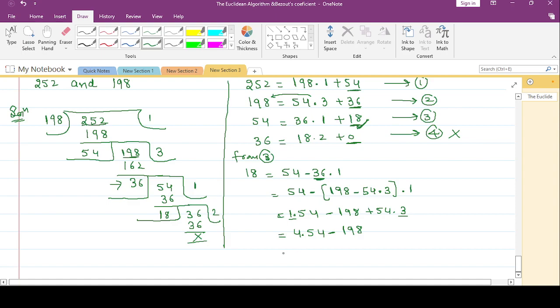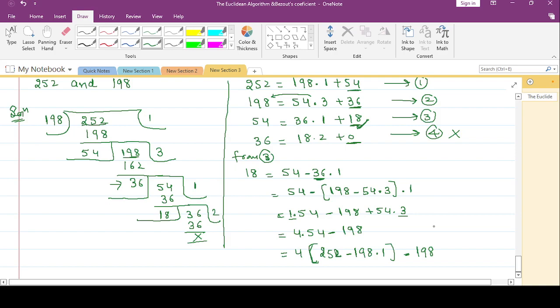So it is 4 times 54. It can be written as 252 minus 198 into 1, minus 198.